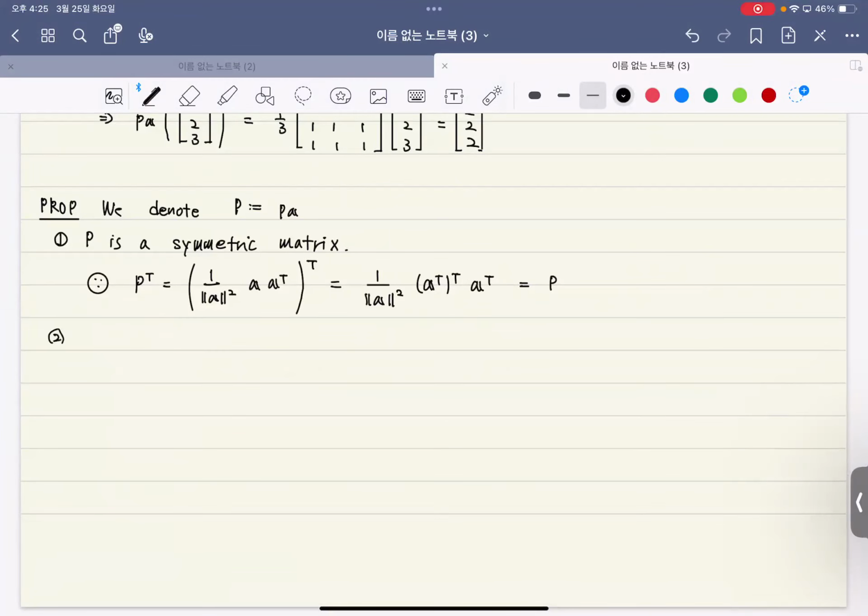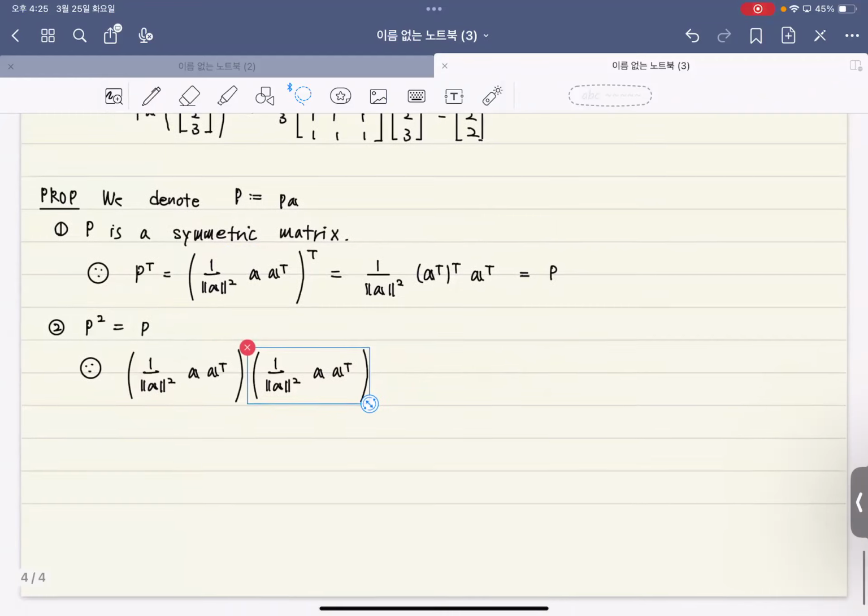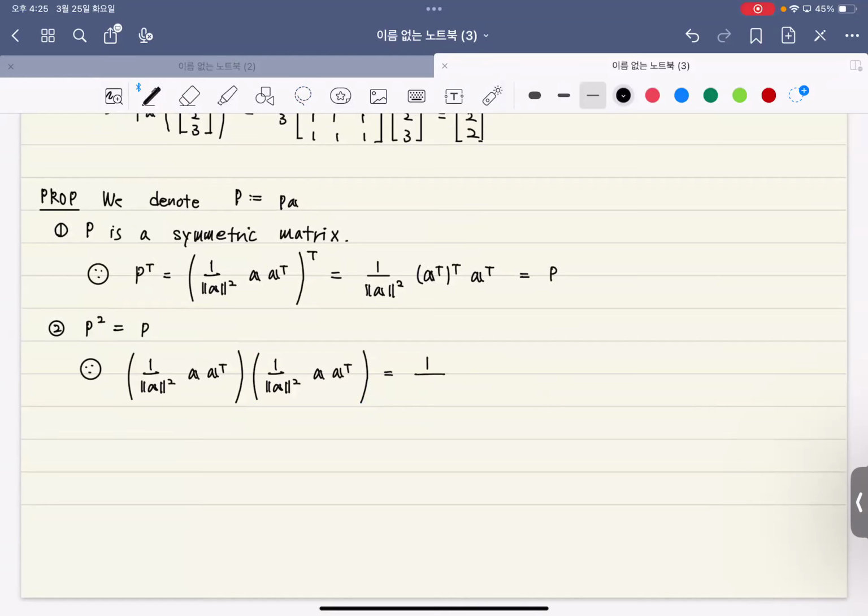And number 2, P squared is P. Again, if you multiply this matrix twice, then which is just A to the 4th, A, A transpose, A, A transpose.